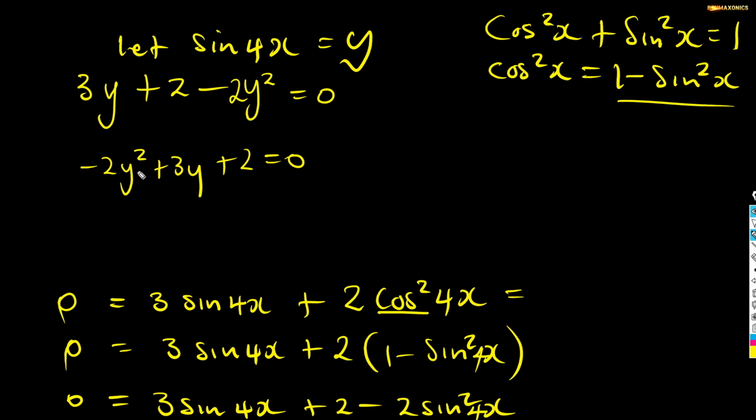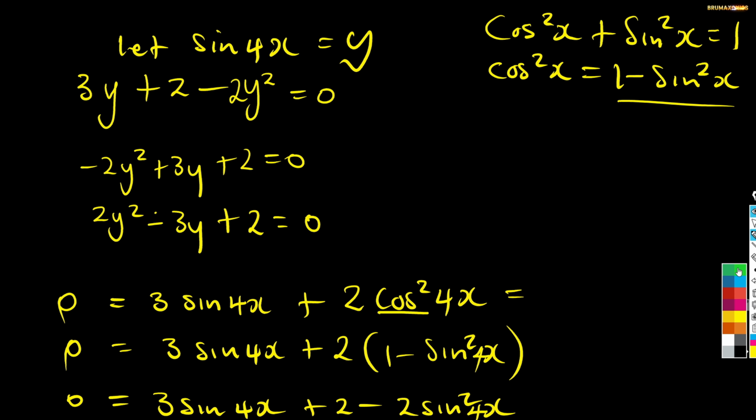Multiply everything by negative, we're going to have 2y squared, and then minus 3y minus 2 is equals to 0, right? We are continuing with our solution, and then now let's solve for y.